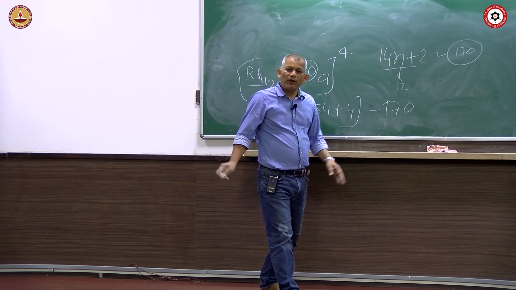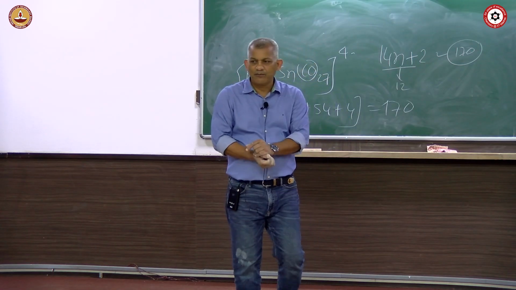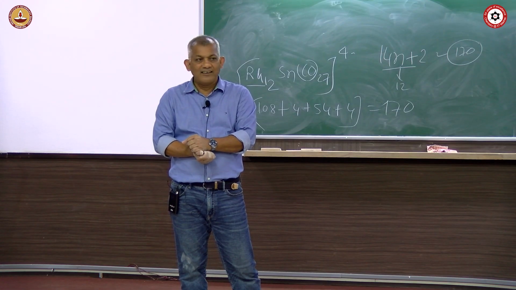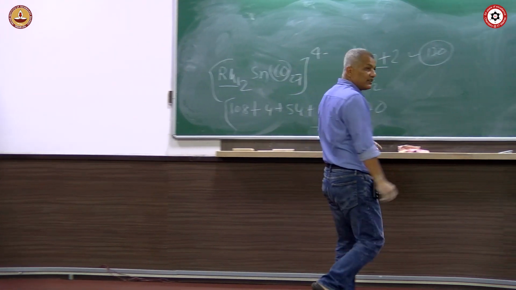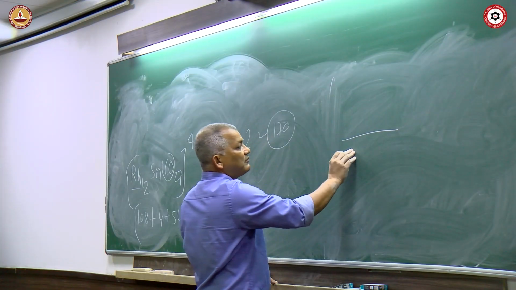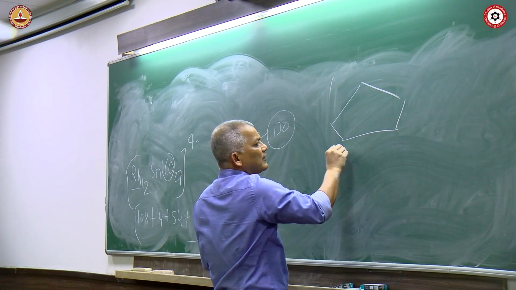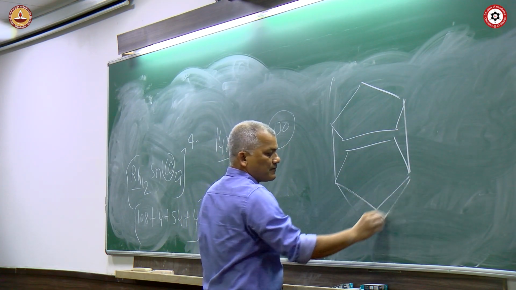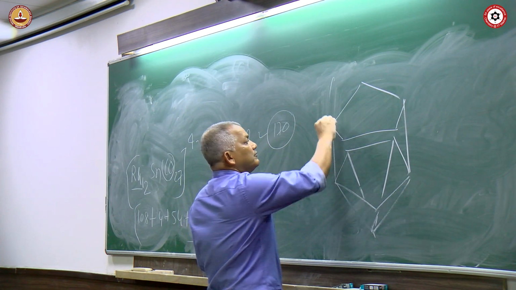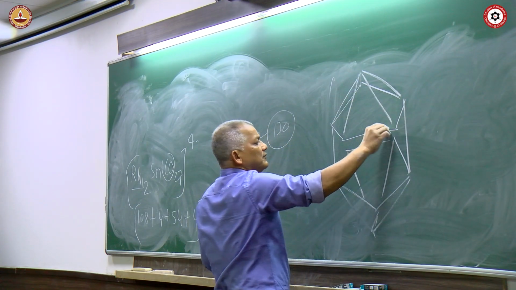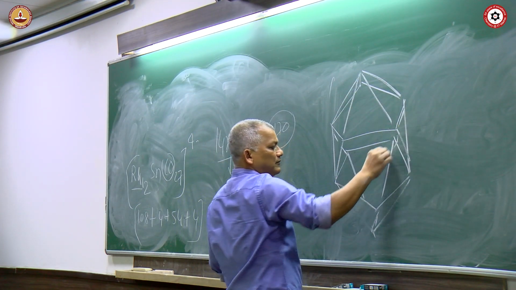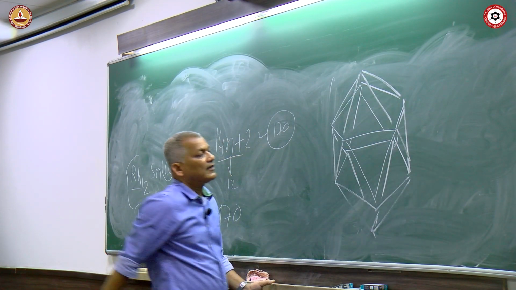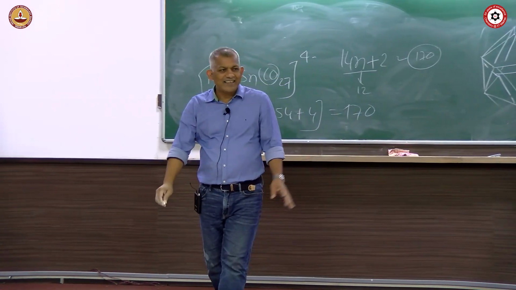So this is one of the most important structures, probably you heard it or not heard it, I do not know, called icosahedral. Icosahedral geometry, in which you have... it's a little difficult.